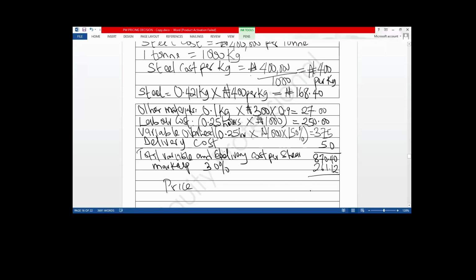Summation, please. 1,131.52. This is the current price of the company's products based on the variable cost plus method.